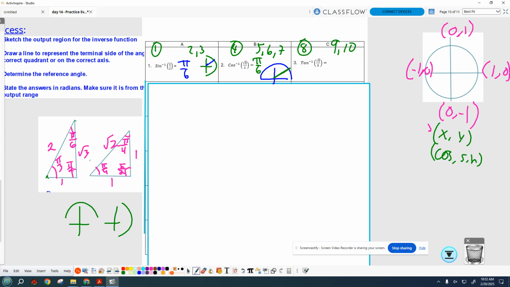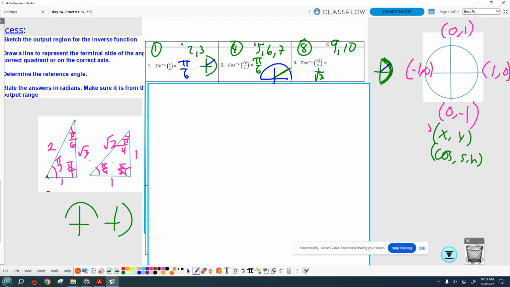All right, and then over there, group 3 put up, where is tangent 1 over root 3? And it's positive. Well, first of all, I would agree, it's one of those guys.